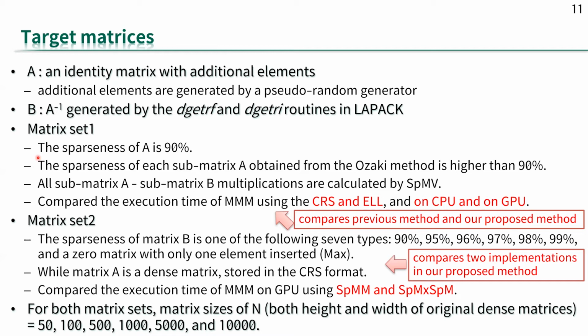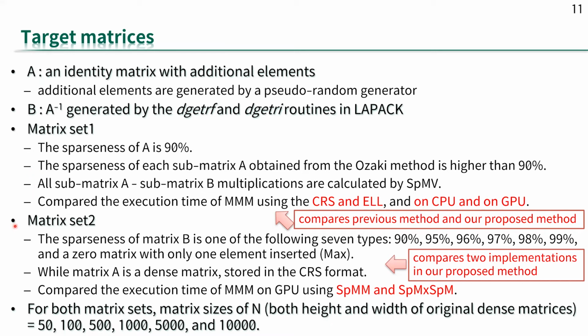All submatrix A, submatrix B multiplications are calculated by SpMV. In this matrix set, execution time of matrix multiplication using CRS format and ELL format, on CPU and on GPU are compared. This means a comparison between the previous method and our proposed method.